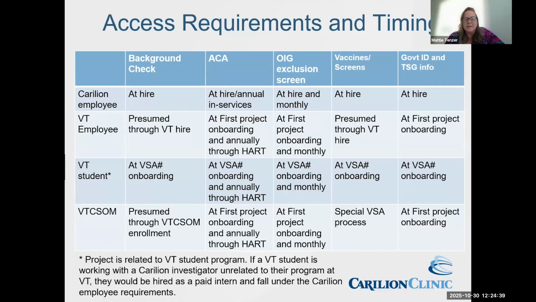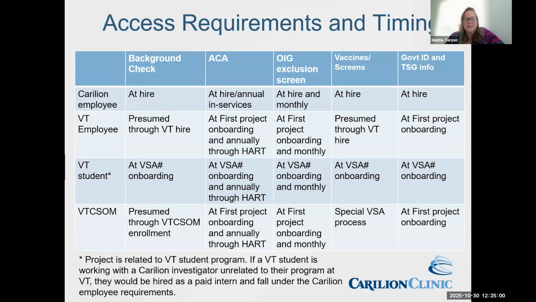And then of course the School of Medicine of ATC. So you can either see yourself in one of those, you probably also see external collaborators that you have on your projects, and this will help you understand what are the requirements to get access to Corellian systems and when do those occur. So one thing off the bat is to point out that everybody actually has the same requirements.